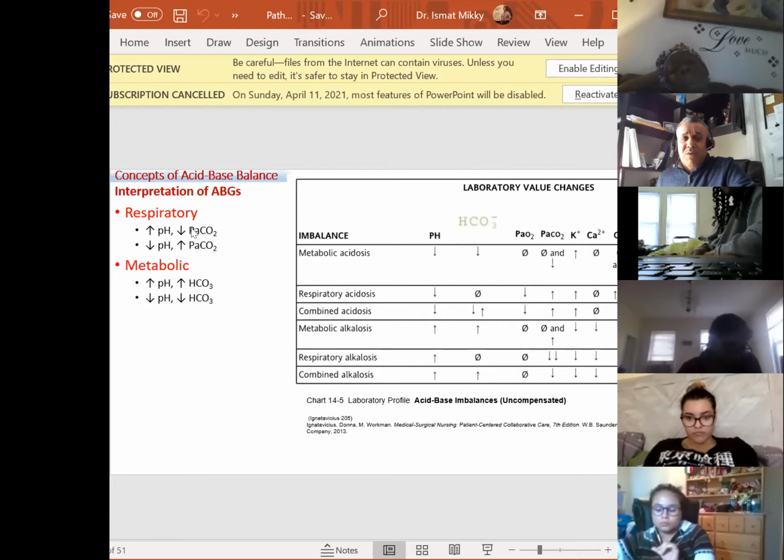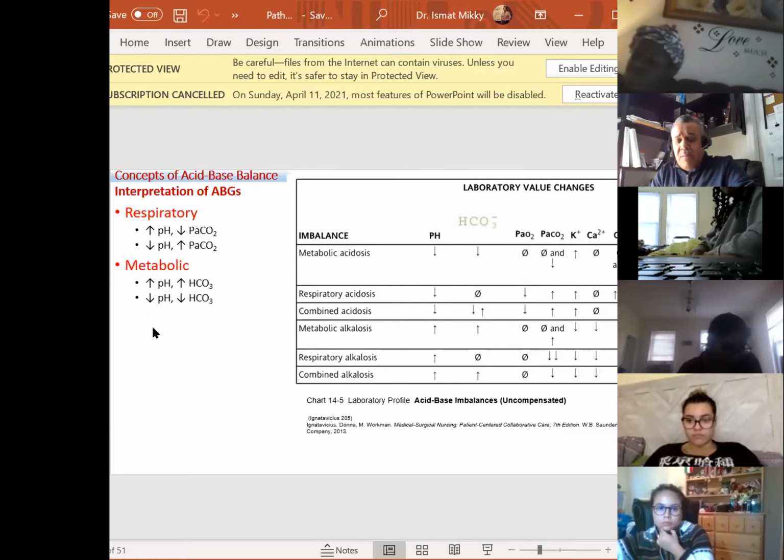When it's metabolic in nature, the source of the ABG alteration or imbalance would be metabolic. So the first one here on the top will be pH up, and then the bicarb goes up. Let's say a patient is ingesting lots of antacids, taking them all the time, like constantly taking Tums, right?